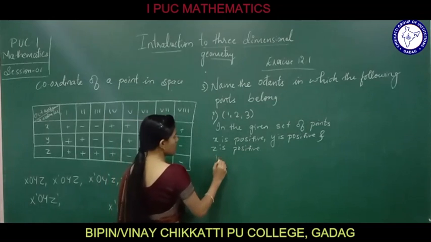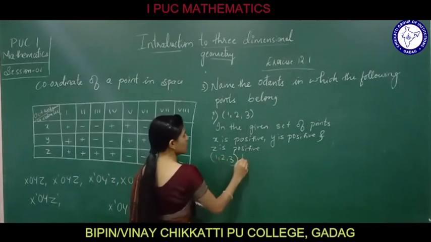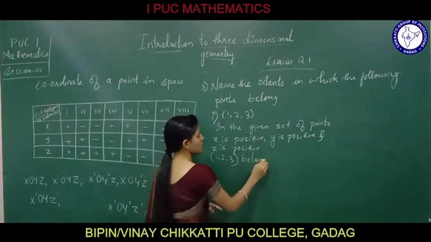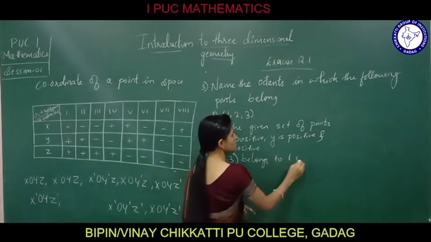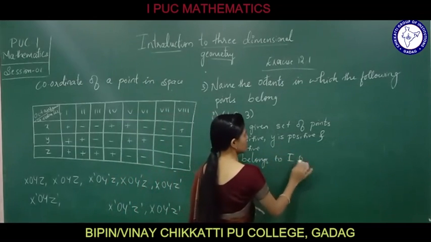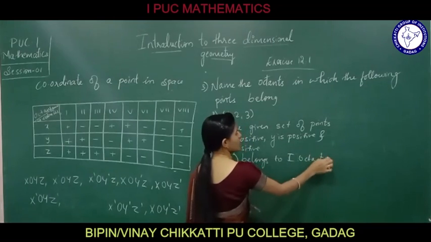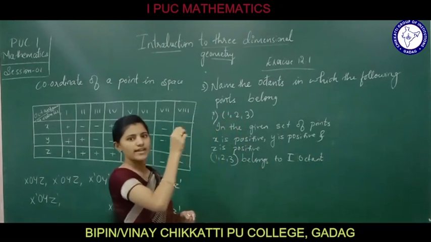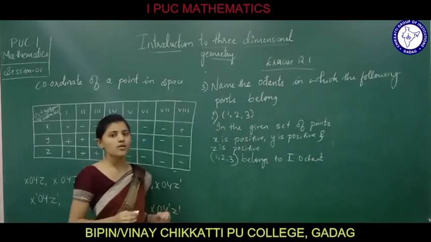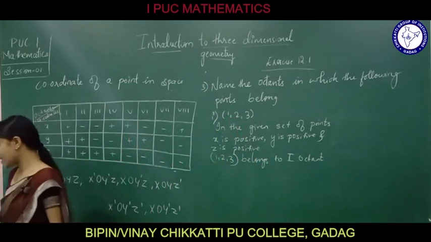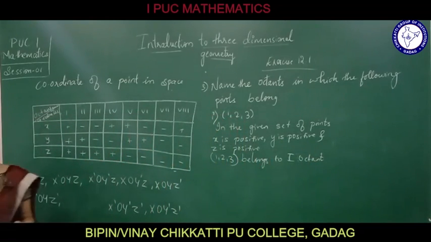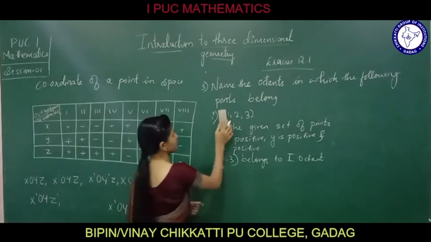That is, 1, 2, 3 belongs to which octant? It belongs to the first octant. Why? Because x, y and z, all three are positive. Now let us see the next question.